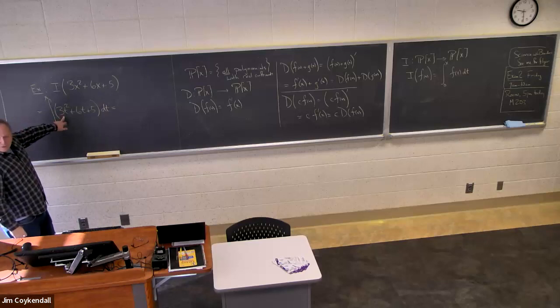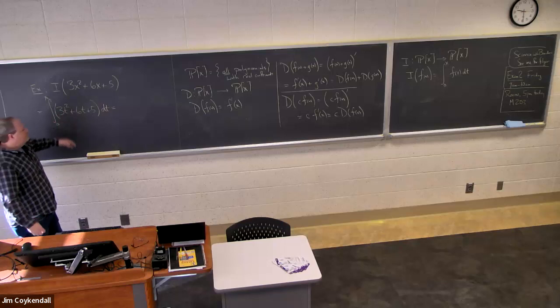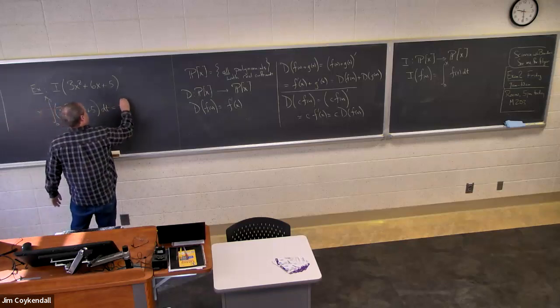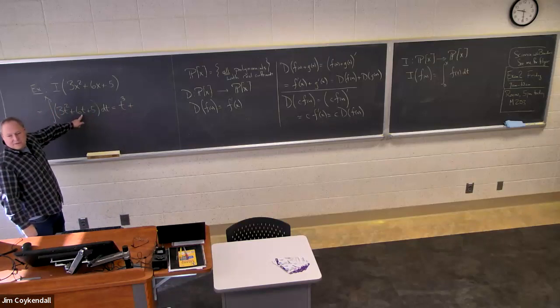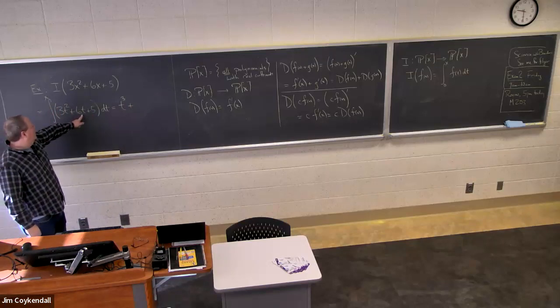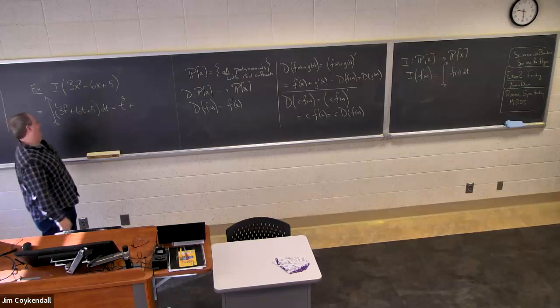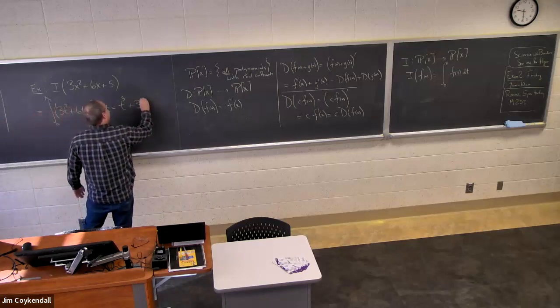So let's go through the motions, shall we? What's your favorite antiderivative? 3t squared. Antiderivative of 6t. 6. How about 3t squared? It's been a while, hasn't it? Yeah.